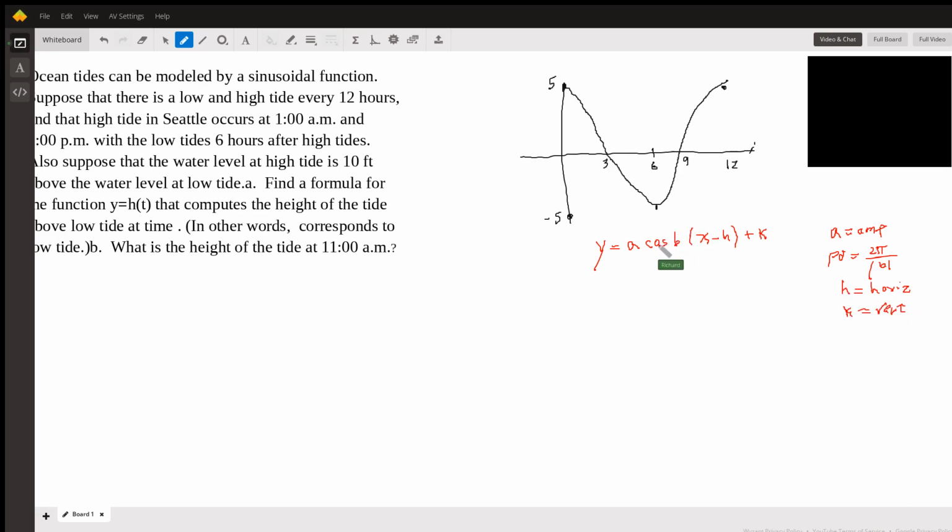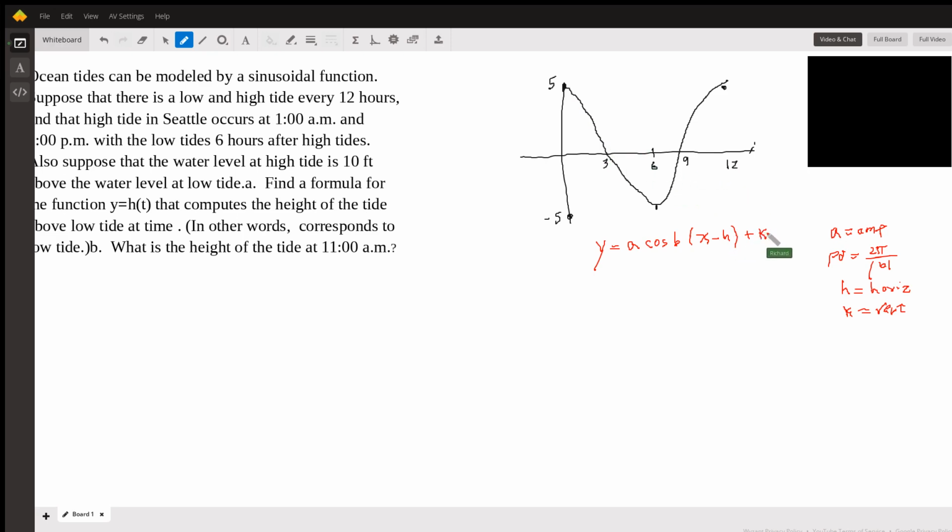You have to remember the parent function, which is y equals cosine of x. Sketch the parent function and then modify it. You might have to slide it left or right with h, but in this case h is 0, so we're not doing any horizontal or phase shifting. You might slide it up and down, represented by k, but there's no vertical shift here either.